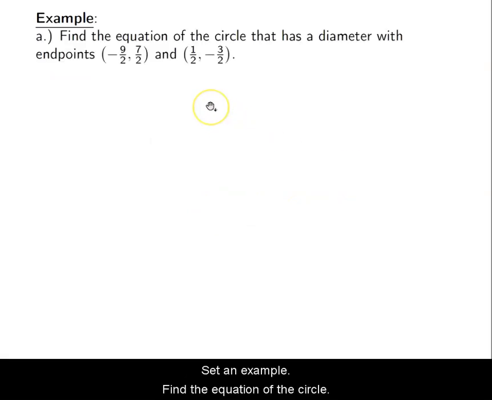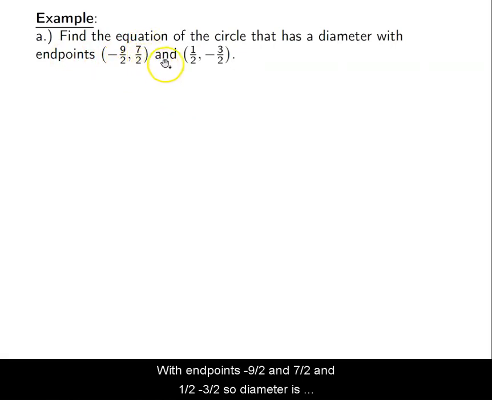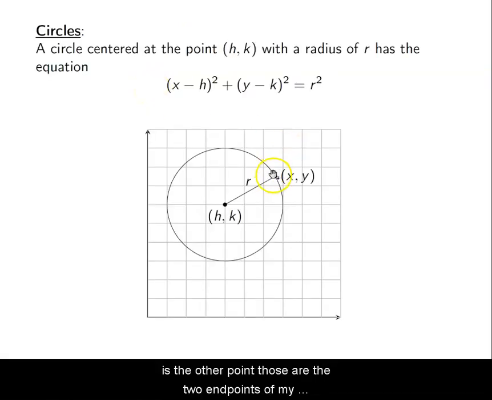So let's do an example. Find the equation of the circle that has a diameter with endpoints -9/2, 7/2, and 1/2, -3/2. So diameter is twice the radius. So that means that this is one point and this is the other point. Those are the two endpoints of my diameter.